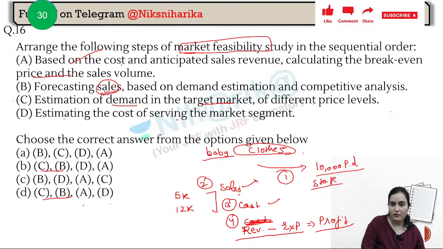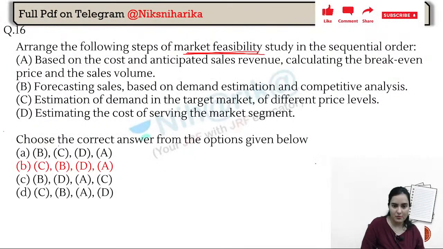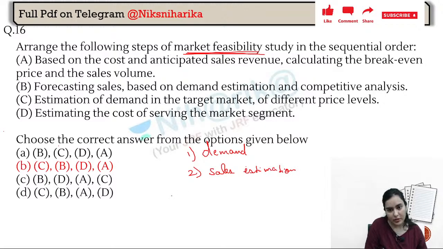First of all, we will see what should be the first step. First step should be what? Demand in the market. Second step should be what? Our sales estimation. Very good. Third should be what? How much cost we will incur to manufacture these products, cost estimation.